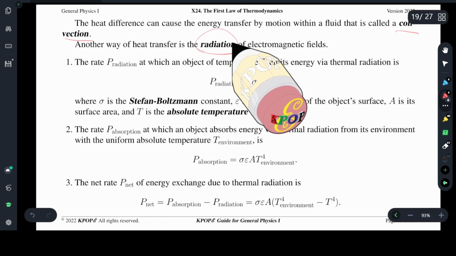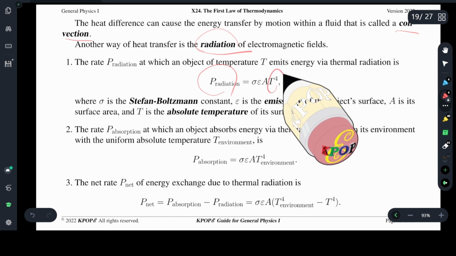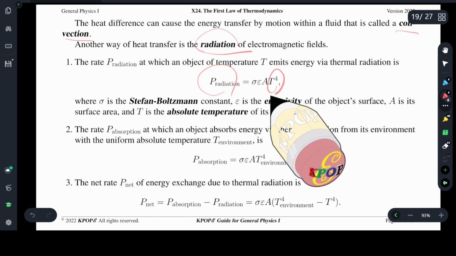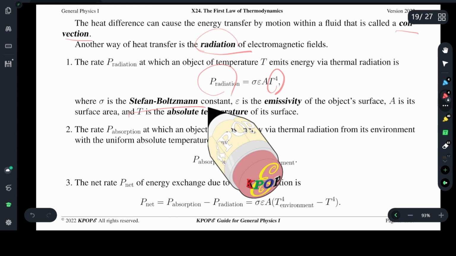So radiation power is proportional to the temperature to the fourth power. This is called the Stefan-Boltzmann law.